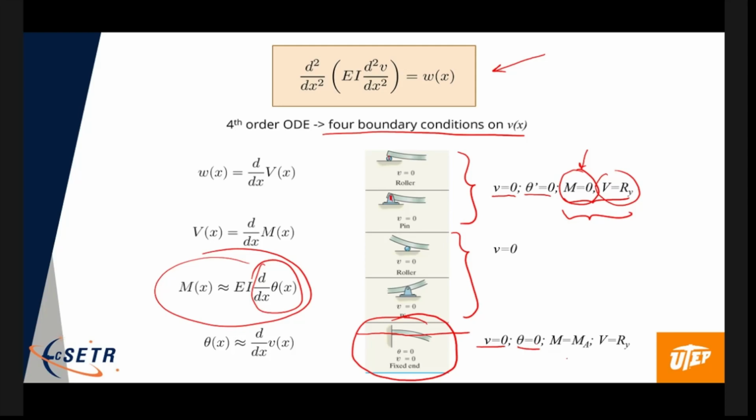And the moment is going to equal whatever the moment boundary condition is by the wall, and likewise the shear is equal to whatever shear force the wall resists on it, okay? And so those give us, in this particular case, 4 boundary conditions. Those are 4 boundary conditions that we can invoke on this problem, okay? All right.